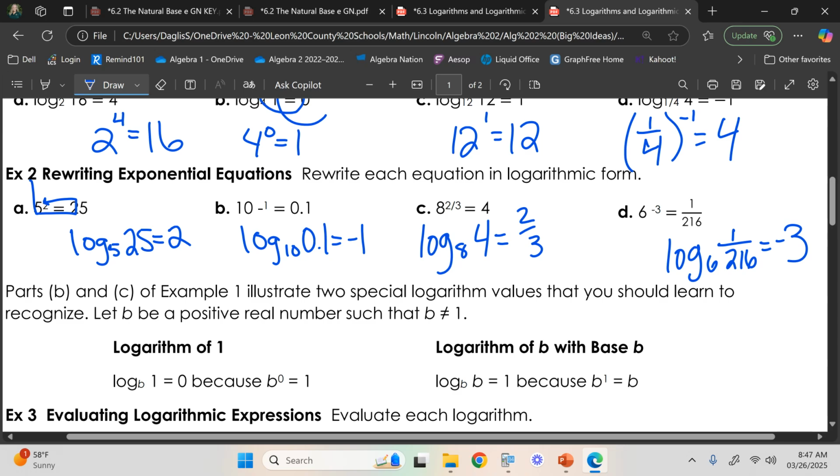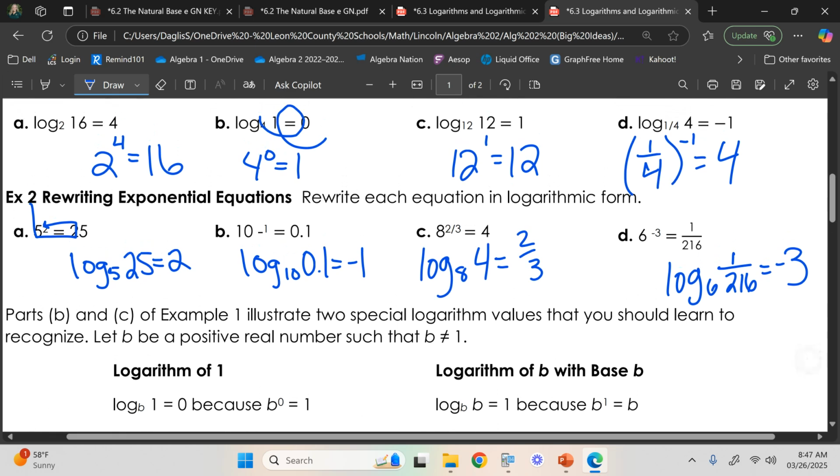Good. So our first little bit was rewriting back and forth. Something just to draw your attention to, on part B and part C, from writing them into exponentials, this showed us 2 special properties of logarithms. Logarithm of 1, it doesn't matter what your base is, it'll always equal 0.